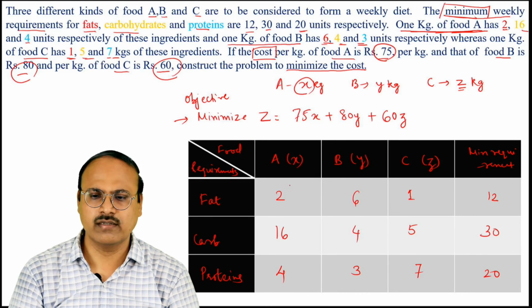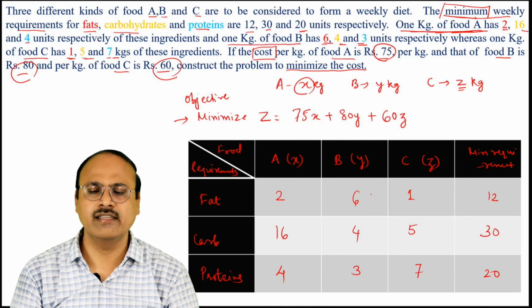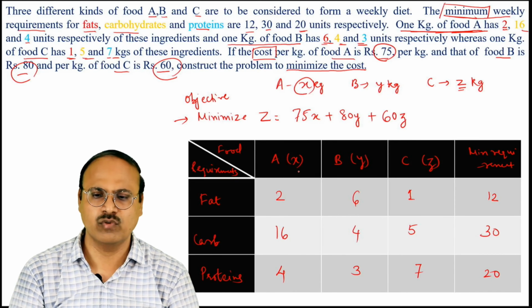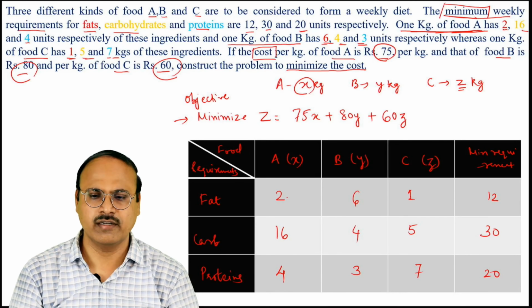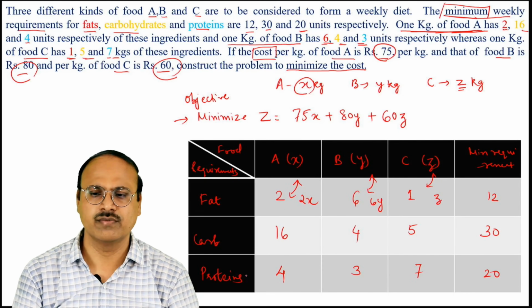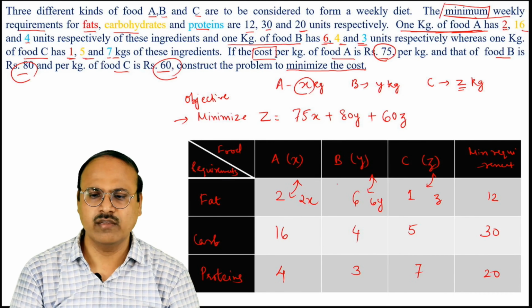And now we know that this is easy to put into a mathematical inequation. So for example, x kgs of food A is to be considered. Fat is 2 per kg, so the total fat for A will be 2x. For B, it will be 6 into Y, 6Y. And for C, it would be 1 into Z, which is Z. So what is the inequation which we get?